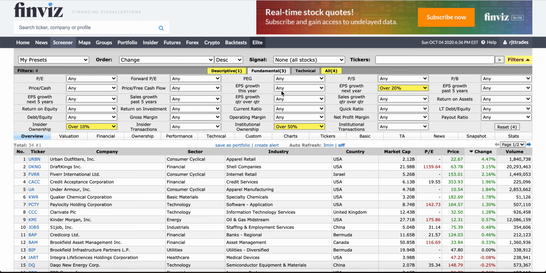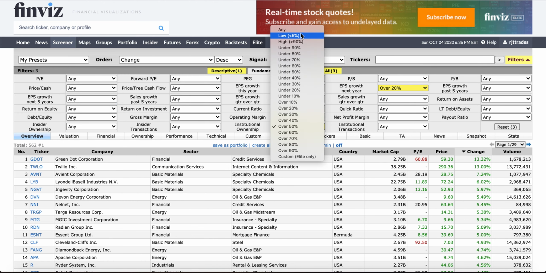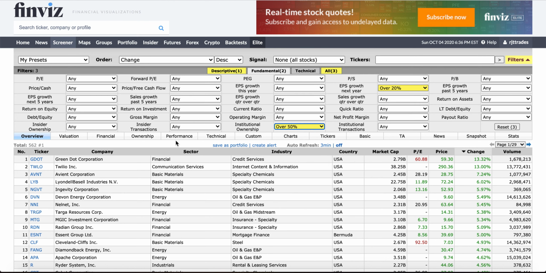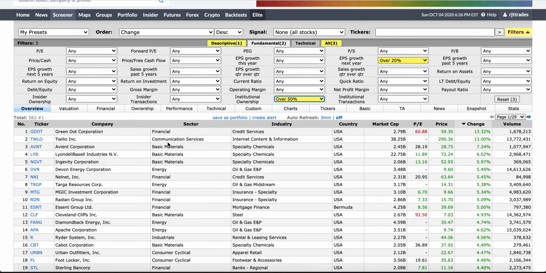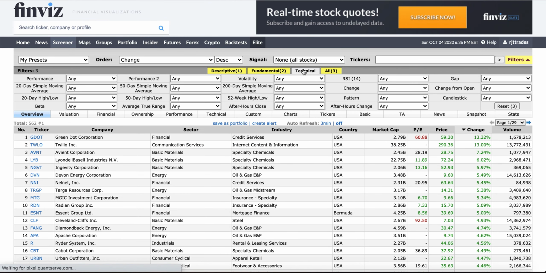And you can even add more technicals to it. So I'm going to remove some of those. Let's leave institution ownership, but insider ownership sometimes just gets diluted among a lot of employees, so maybe not 10%. But you can even go to technicals and add more.